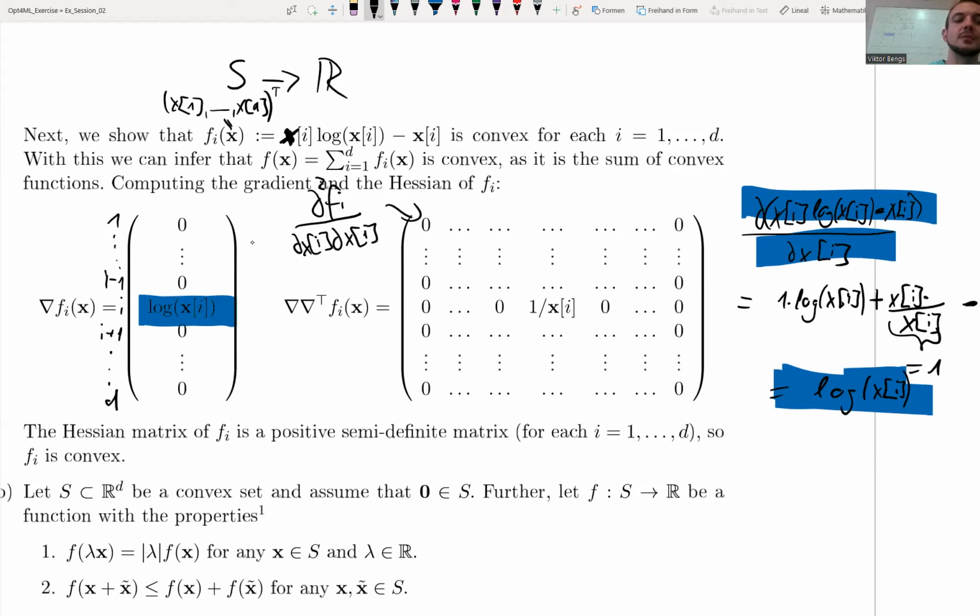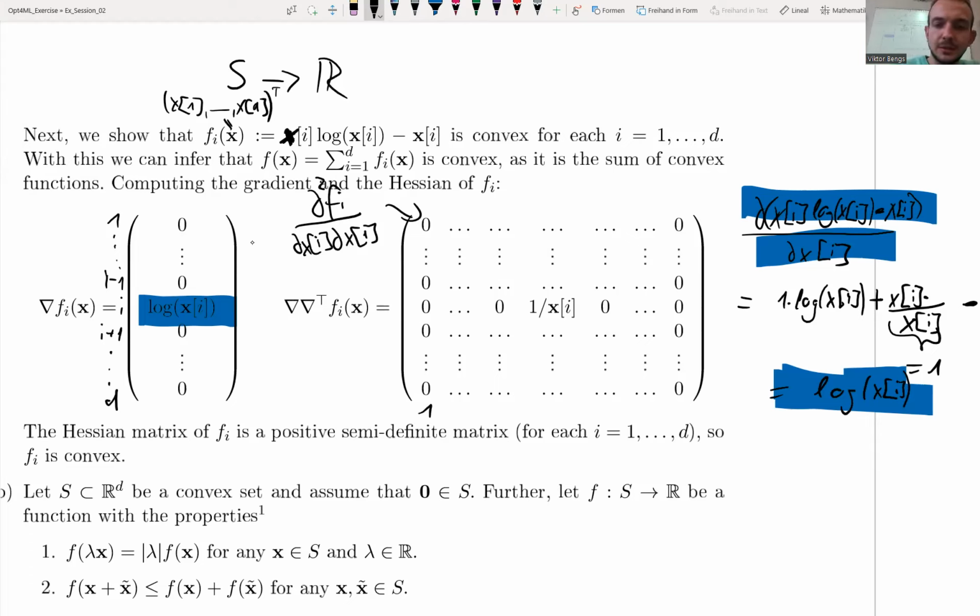So you have here logarithm of x1. Then of course doing the derivative with the first one is giving you the 1 over x1. That means in the upper left should be 1 divided by x1. But you have to read it like this.